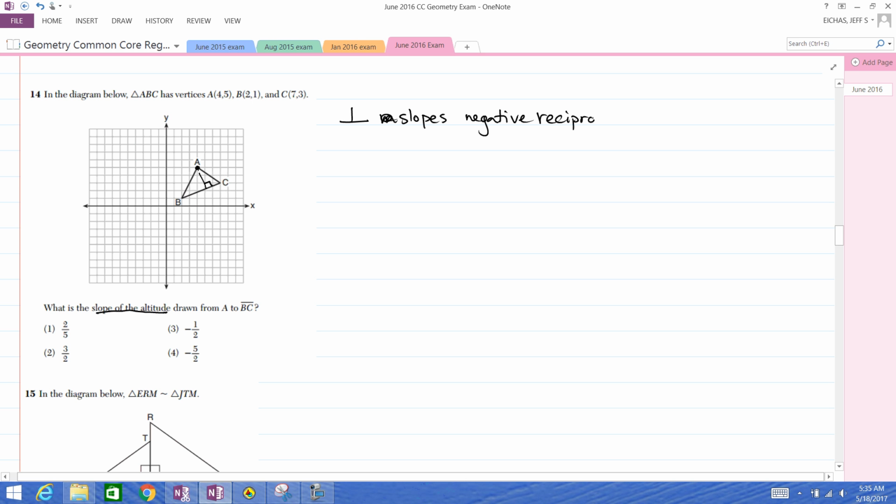From A to BC, what is the slope of BC? Well, one way to do it is to count the rise and run. The rise is 2. The run is 5, and it is positive because it's going up and to the right. So a perpendicular line has to have a slope that's the negative reciprocal. So change the sign, flip the number, and there it is.